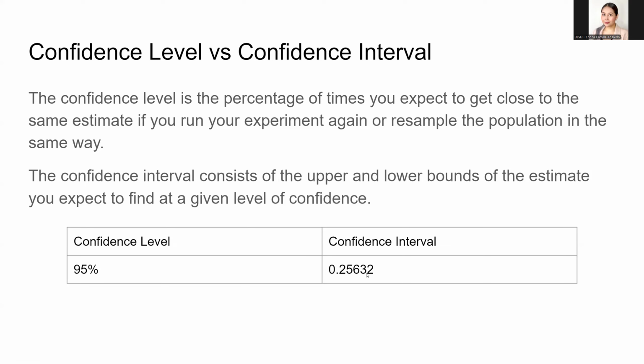Now, the confidence interval is the measure of precision. It shows kung gaano kalayo yung value dun sa average. So it represents the upper and lower bounds of your estimate.